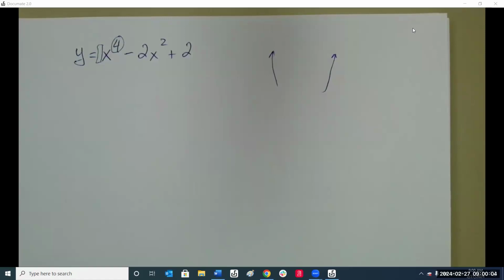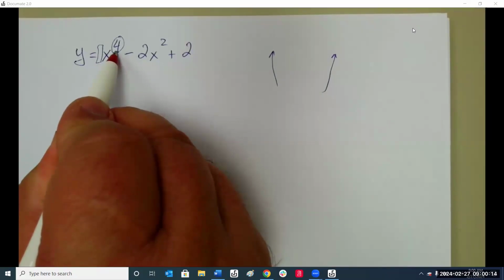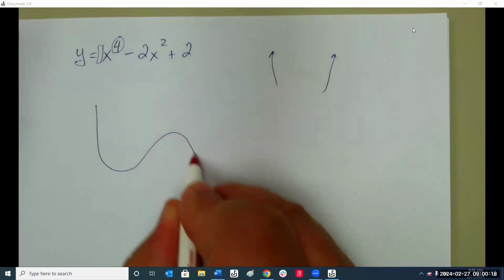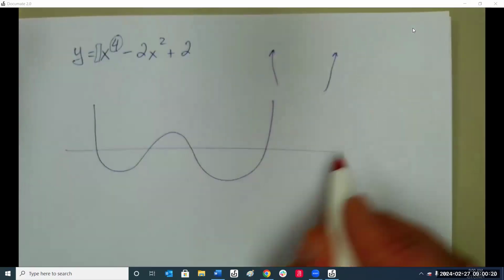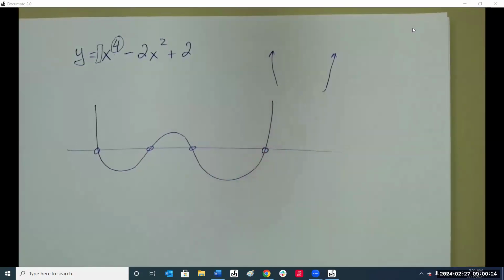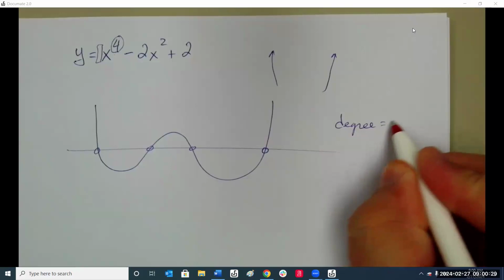How many times maximum will it cross the x-axis? 4 times. The degree also tells us the number of solutions we'll have. It'll have at most 4 solutions because the degree is 4.